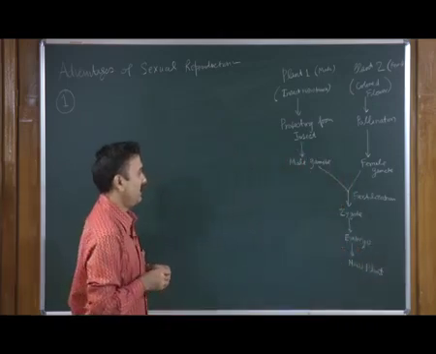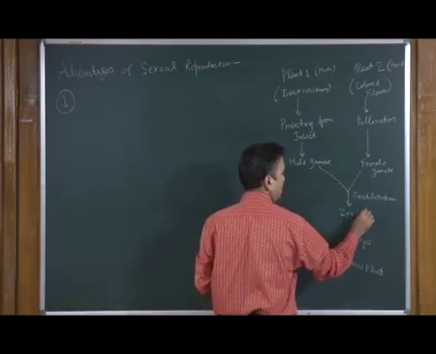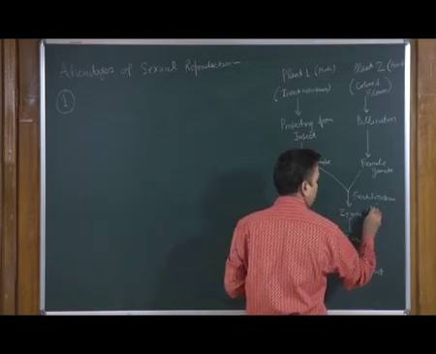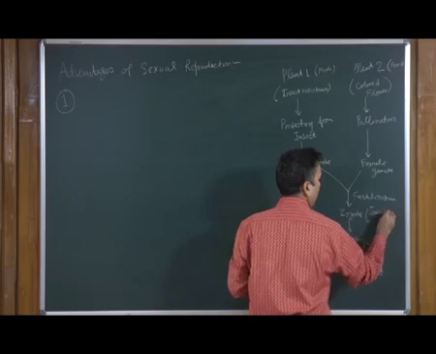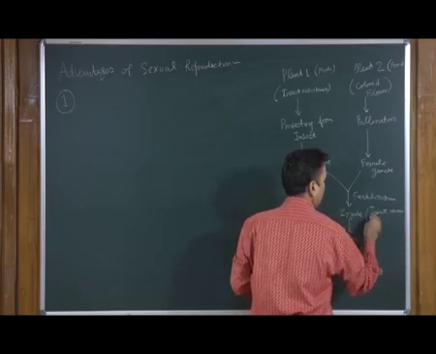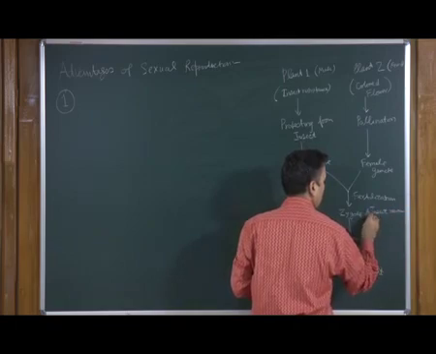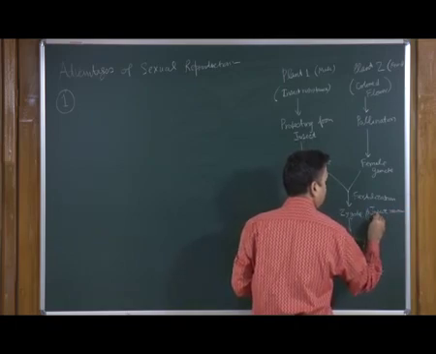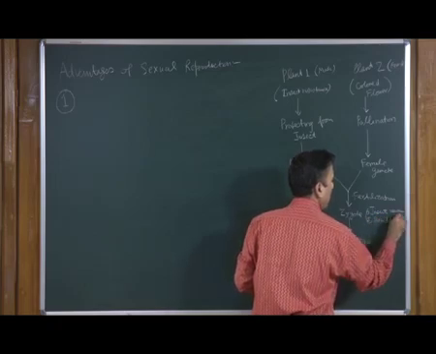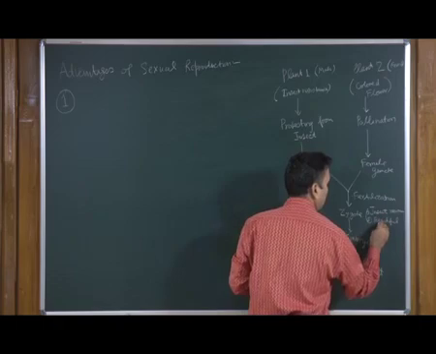In this case, after fertilization, when the zygote forms, it is going to have two different characters. One, it is going to be insect resistant. Number two, it is going to have a beautiful flower, or I will say a colored flower.